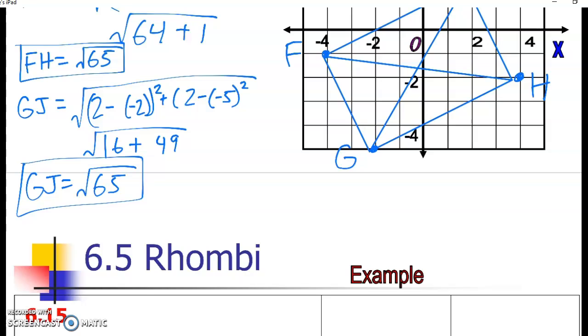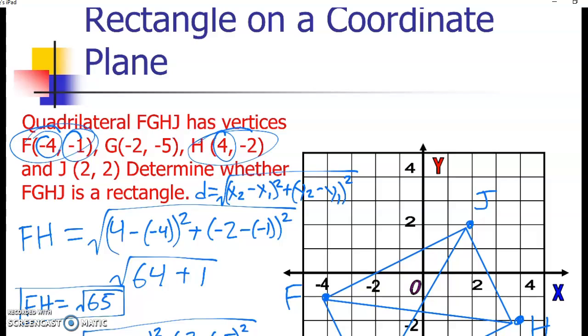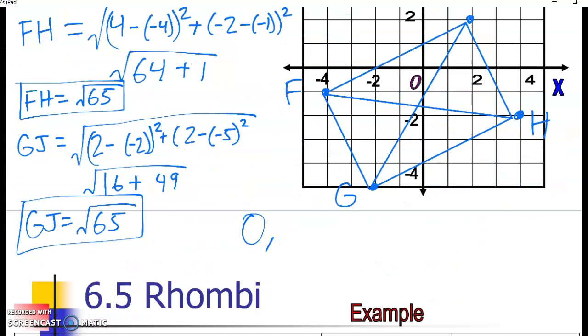So the midpoint x is 0. And then if you added up negative 1 and negative 2, you would get negative 3. Negative 3 divided by 2 gives you negative 1.5. So that's the midpoint.